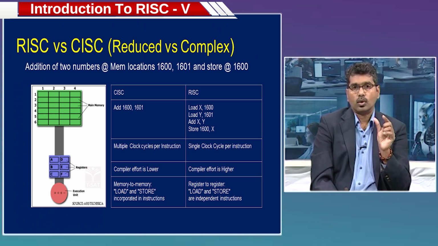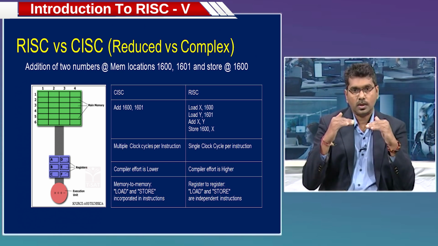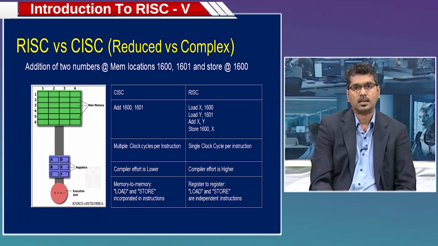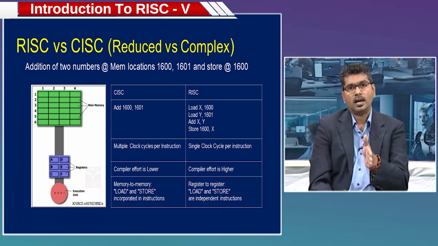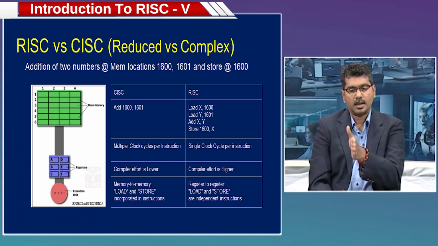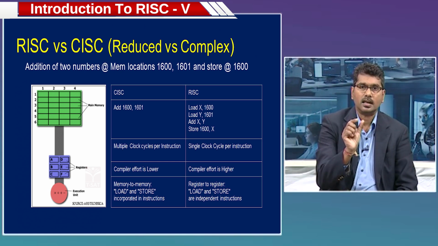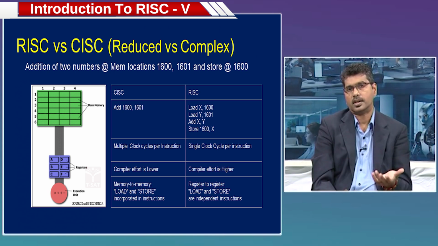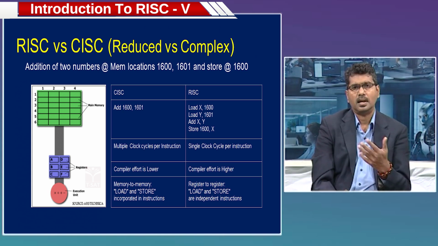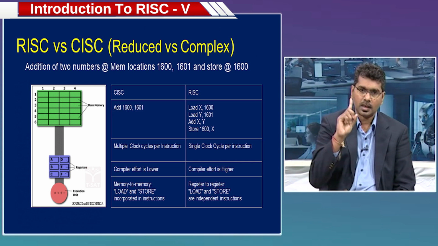If you look at the amount of time it takes to execute these instructions, the CPU runs on clocks. Every clock cycle something is happening. On the CISC side, that add 1600, 1601 will take multiple clock cycles, anywhere from 4 to 6 cycles depending on how fast your chip is running and your architecture. On the RISC side, each instruction takes only 1 cycle.